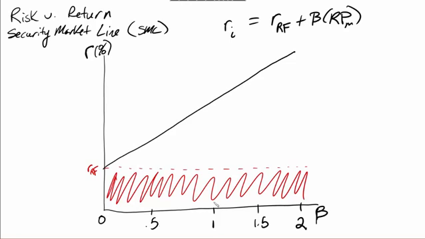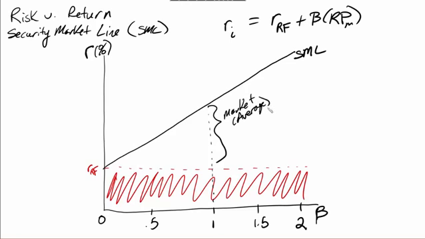So we can trace this up to the security market line, that's what this line is up here. This is going to be a market stock, what we're going to call an average stock.